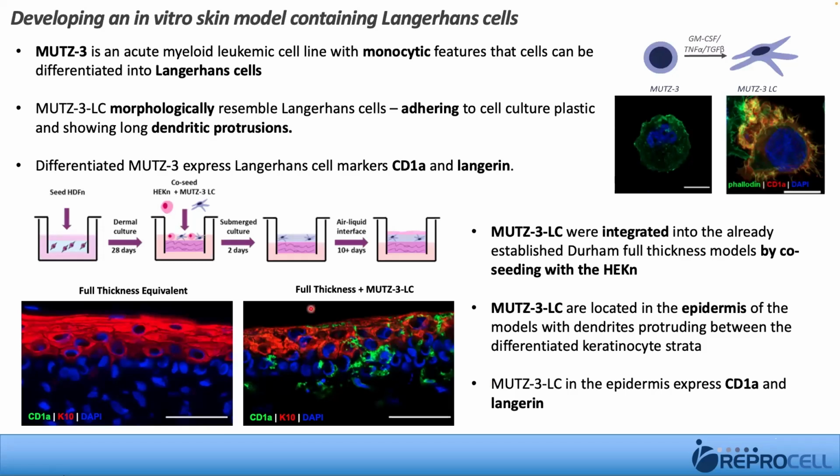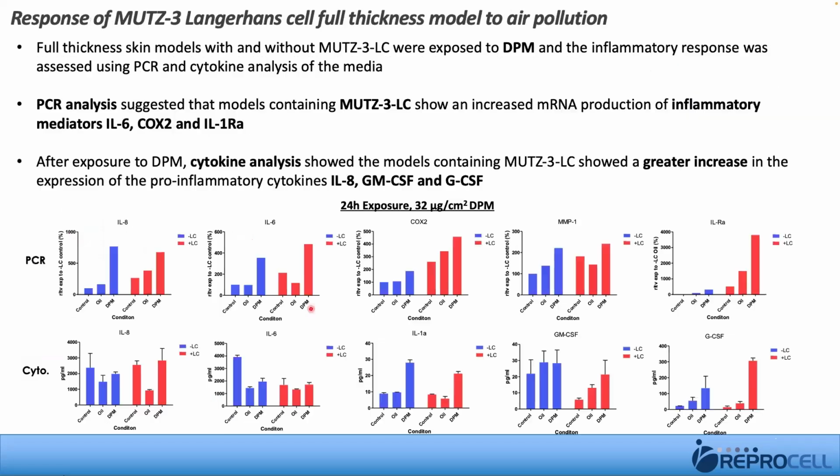So they're in the epidermis. And then we expose the models to the diesel particulates. Stratum corneum is very good at keeping the particles out of the skin, but it doesn't stop the chemicals on the particles which move into the skin and cause local pro-inflammatory responses. We can monitor that by gene expression or by cytokine analysis.